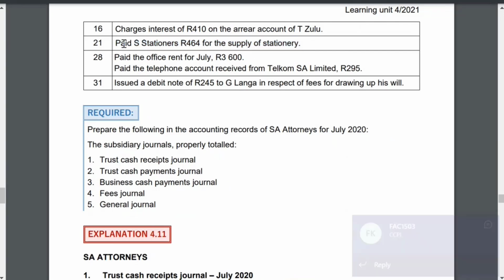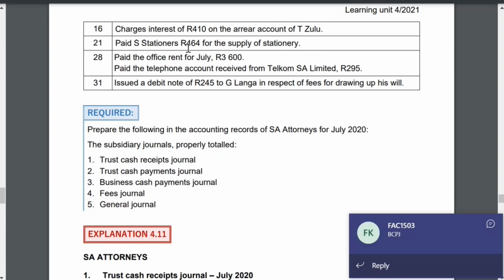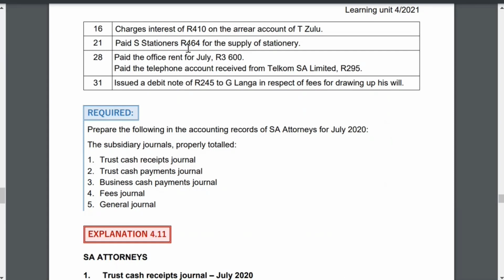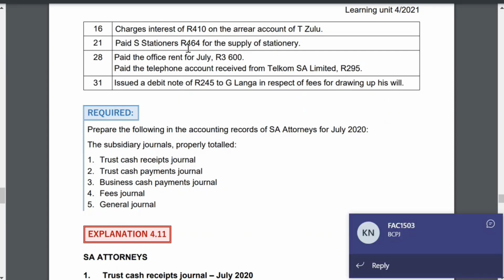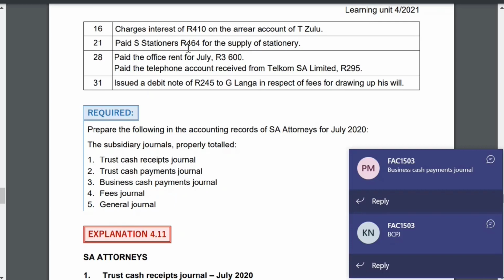In which books of first entry would you record transaction number 21? Buddy is saying business cash payment journal. Elisha is saying business cash payment journal. Faith, business cash payment journal. Garabo, business cash payment journal. And Balesa is saying business cash payment journal.